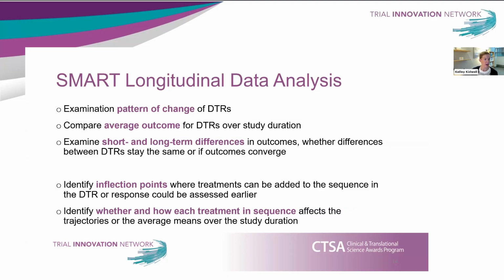So if we have treatment prior to surgery and then post-surgery, how are those components adding together? If we have some initial treatment and then maintenance treatment, how are those components adding to the overall effect? And so we can do this within this longitudinal setting.